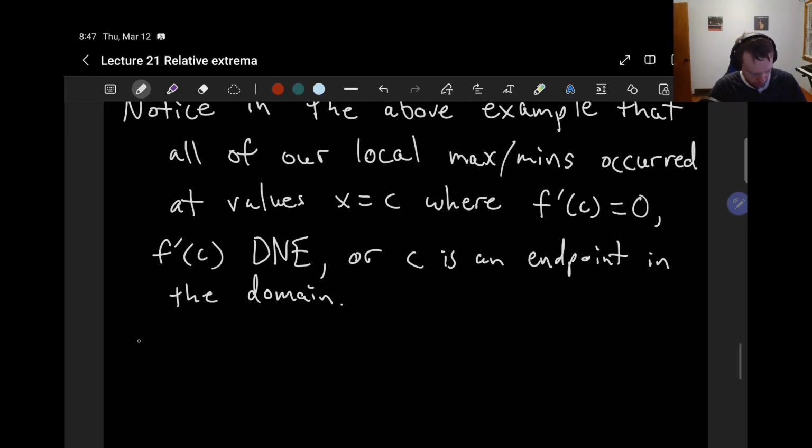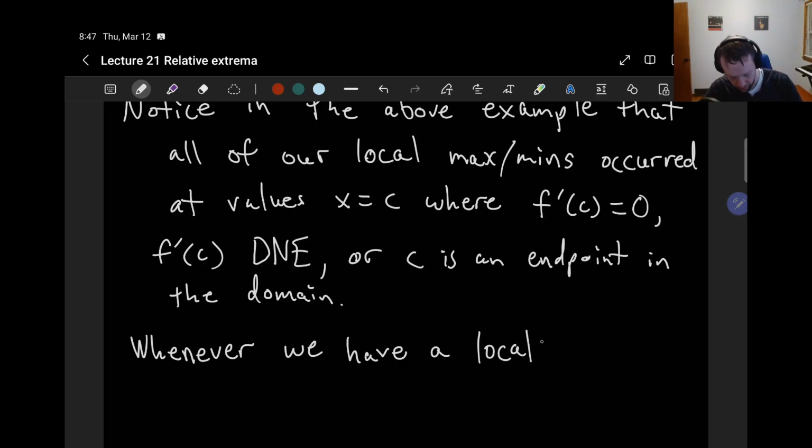So this leads to a nice little fact, that whenever we have a local or relative max or min, it must always occur at a critical point.